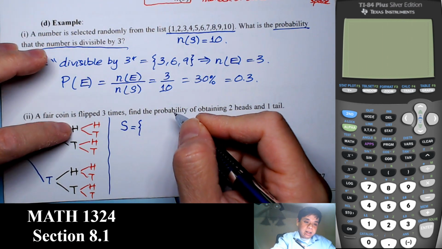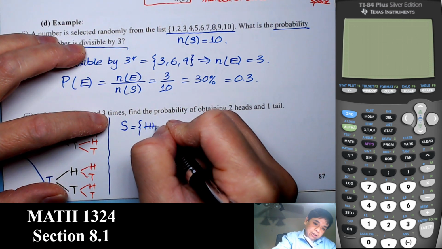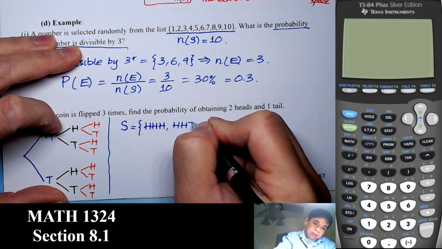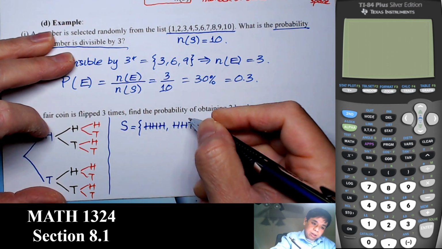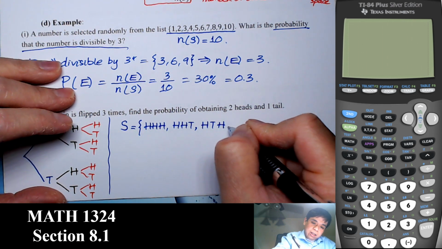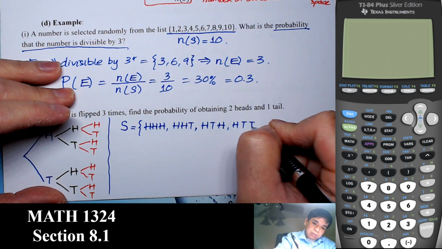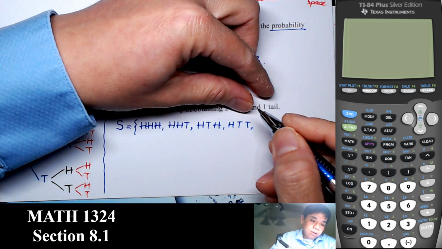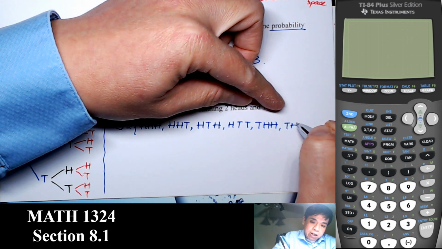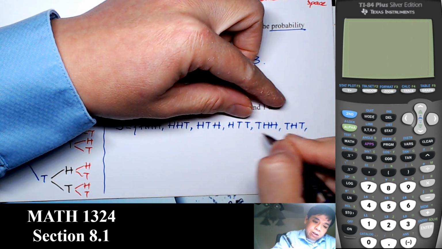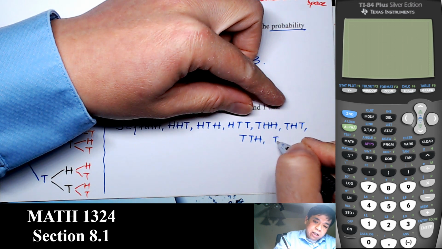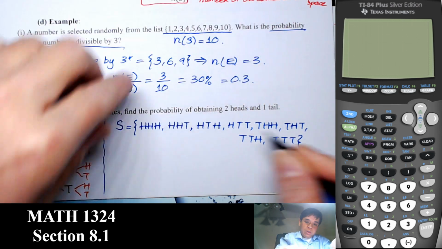Head, head, head. Head, head, tail. Head, tail, head. Head, tail, tail. Tail, head, head. Tail, head, tail. Tail, tail, head. And tail, tail, tail. So that is 8.